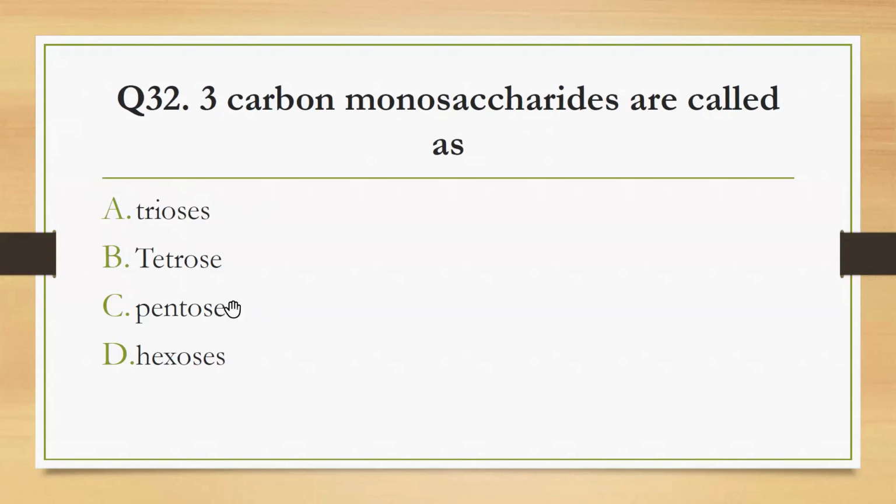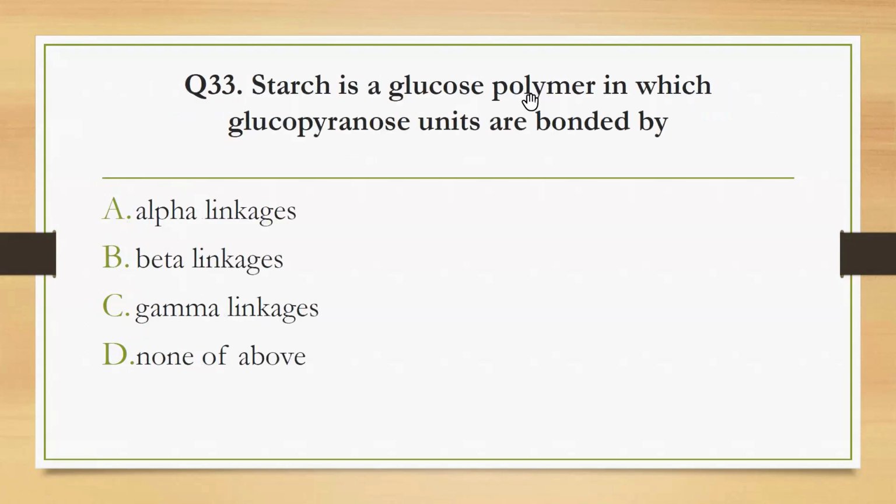Then, a starch is a glucose polymer in which glucopyranose units are bonded by alpha linkage, beta linkage, gamma linkage, or none of the above. It is bonded by alpha linkage. Some polysaccharides have beta linkages.